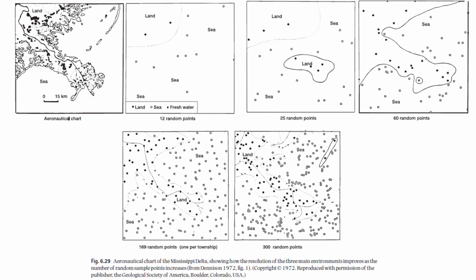With 60 random points, we actually see that it's more of a distributary. With 169, we can actually start to distinctly point out where we have fresh water versus land versus sea. And then when we get to 300 random points, you can start calling out a little bit more. You can start seeing barrier islands and other things.